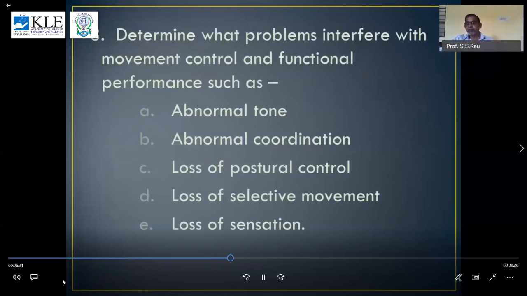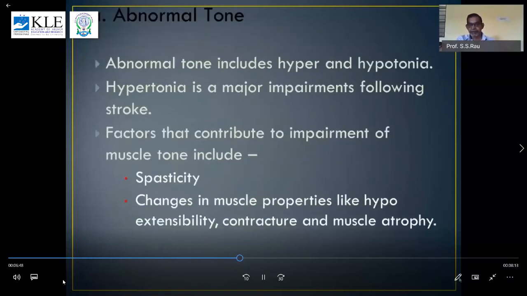Loss of selective movement, that is, he is not able to move out of the synergy. Like you ask him to lift his arm, he raises it in one full pattern. And loss of sensation, which does not always occur in stroke, but in some stroke patients we see loss of sensation as well.